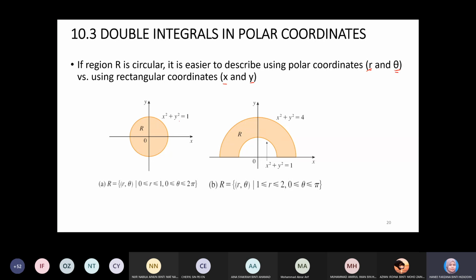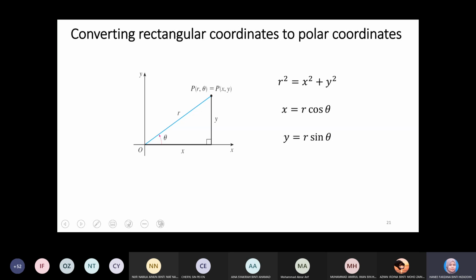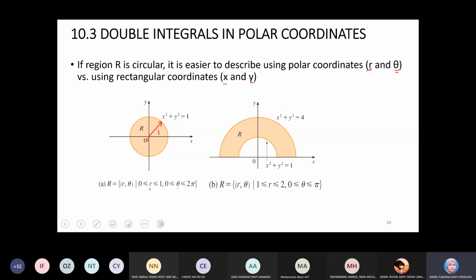So you can define the region R by defining the limits for r, the radius, from 0 to 1. From the origin, the distance is 1. And for theta, because this is a full circle, it is from 0 to 2 pi.